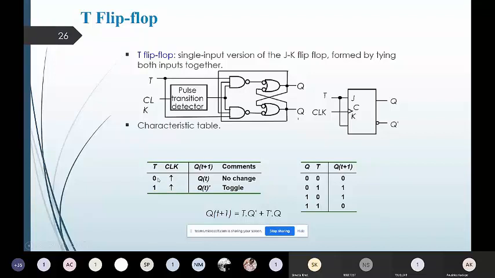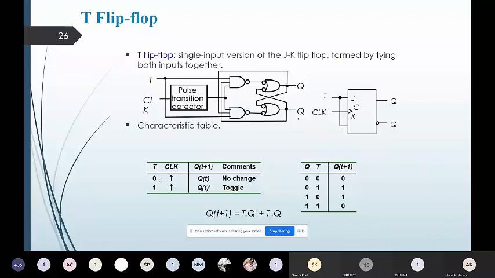Now, as we are saying, this is a toggle flip-flop, so the flip-flop output will either toggle or not toggle. These two stable states are obtained from this flip-flop based on the input condition of T at 0 or 1.